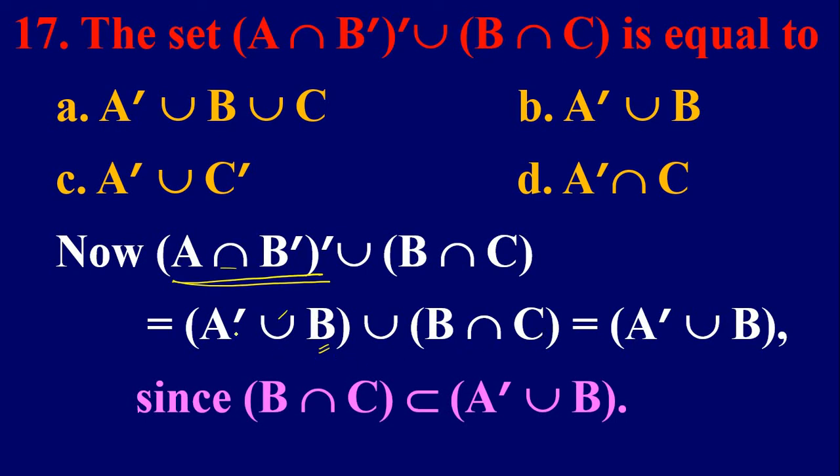Now compare these two sets. Here we have A dash union B, and here we have B intersection C. We have common elements from B and C. Here we have all the B elements, and also we have the elements of A dash.